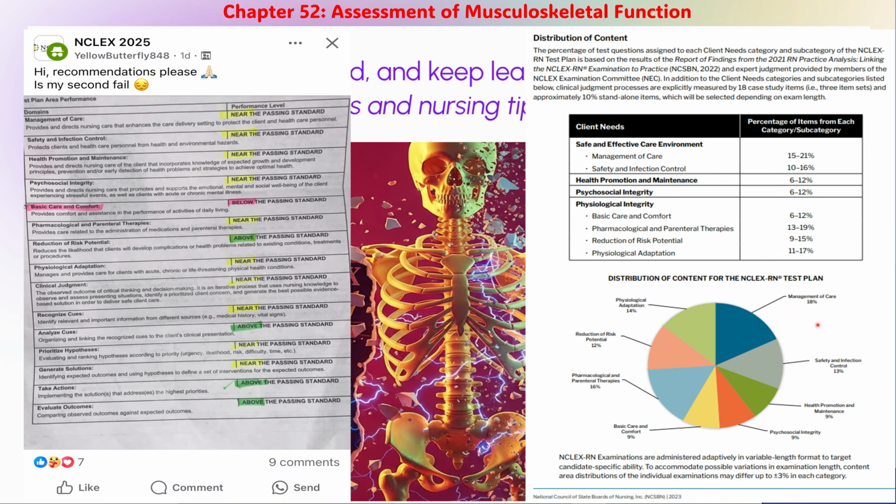So as I said, this chapter usually I make between 10-15, but today I focus more on this area because it's assessment and this on top.